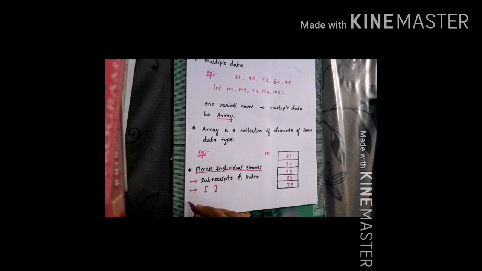Okay, and one more point, always the index or subscripts of an array starts with the value 0. And also the subscript or index of an array always must be an unsigned integer. Means what? It is always a positive number.